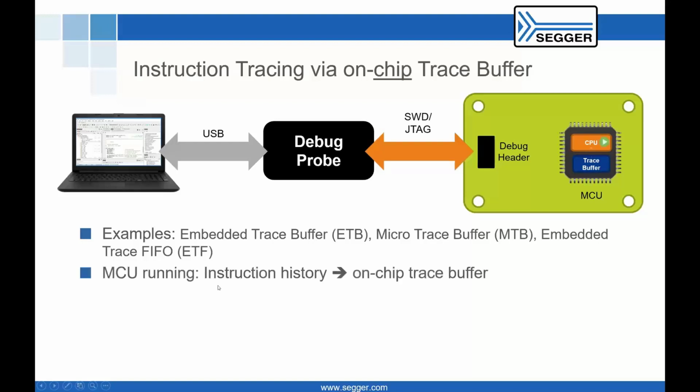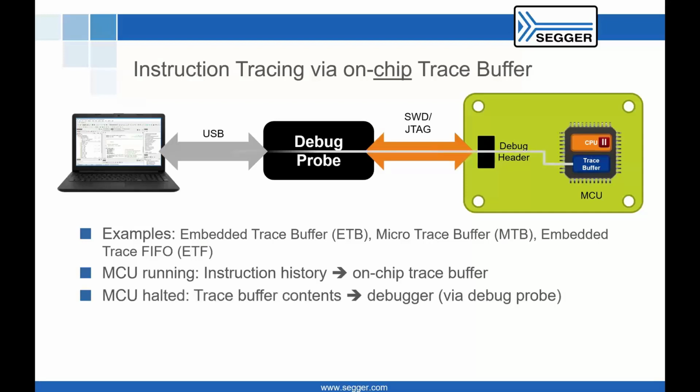When the MCU is running, the instruction history is stored in that trace buffer. Then when the MCU is halted, the debug probe reads out that buffer and transfers the content to the debugger on the host, and that gets analyzed by the debugger.